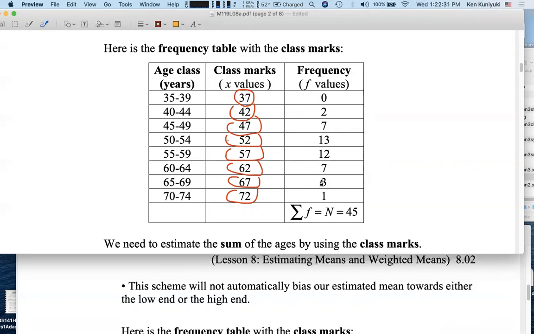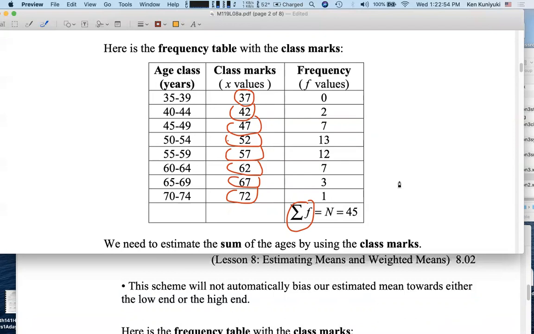By the way, remember that these frequencies have to add up to the population size, capital N or 45. The frequencies are values for f. The summation of the frequencies better be capital N, the population size. These better add up to 45. We're making sure that our table is accurate. It's a check.